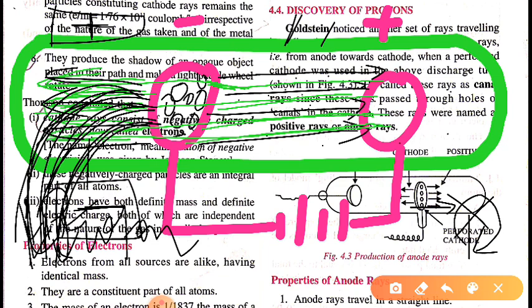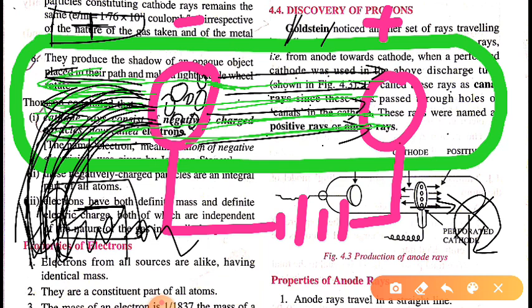Now again, he told that this ray produces fluorescence. About this we have discussed in the cathode ray experiment. So he told that this ray produces fluorescence on the zinc sulfide screen.